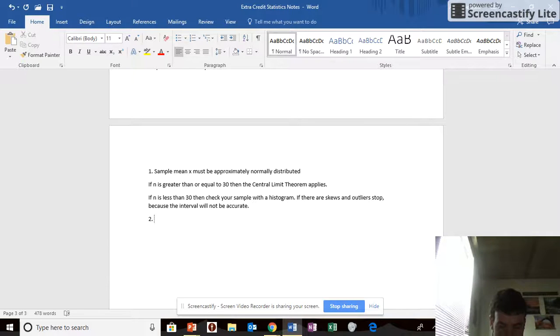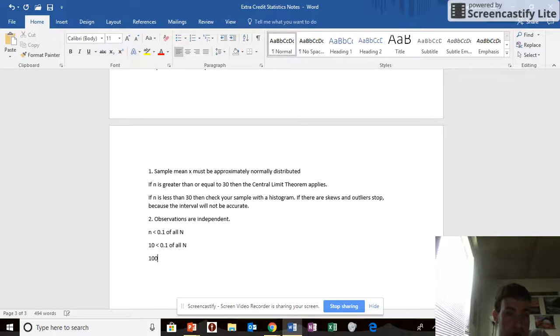Our second condition is that the observations are independent. And for that, n has to be less than or equal to 0.1 of all N. So in this case, is 10 less than or equal to 0.1 of all N?